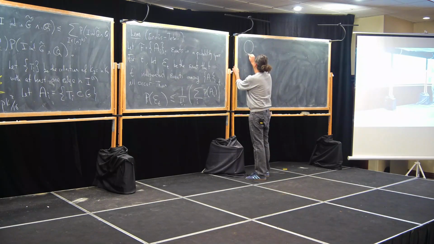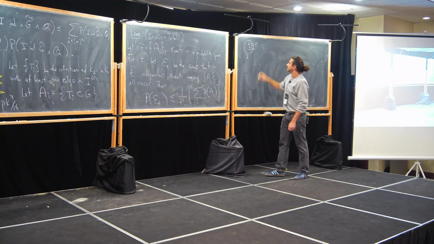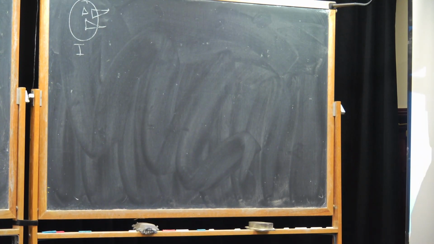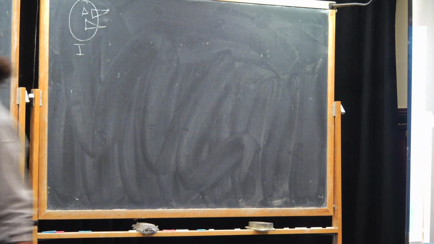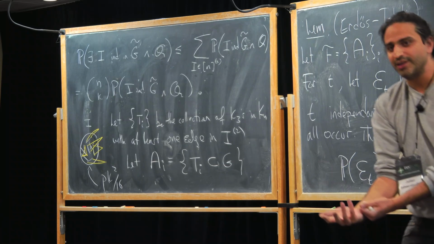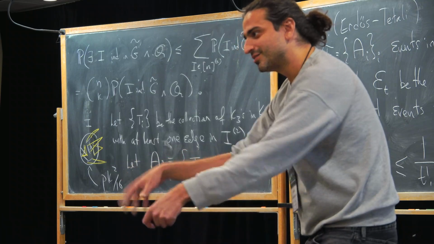Okay, so what have I done? Here's my I. And I'm considering all possible triangles here in my unpercolated graph, so the complete graph, that intersect this I and could potentially zap an edge in my independent set. And A_i, of course, is just the event that the ith one of these triangles is included in G. Now notice, and here's the magic moment, that if the triangles that I remove are all edge disjoint, then these are all independent events.